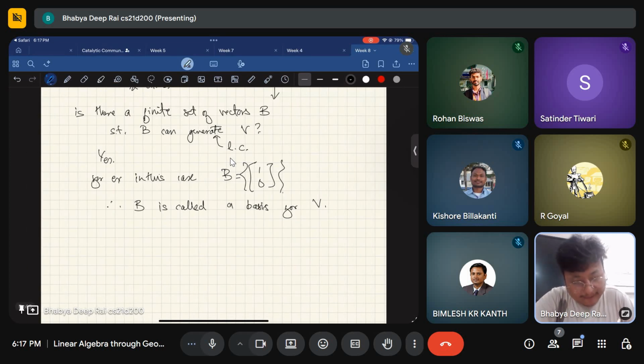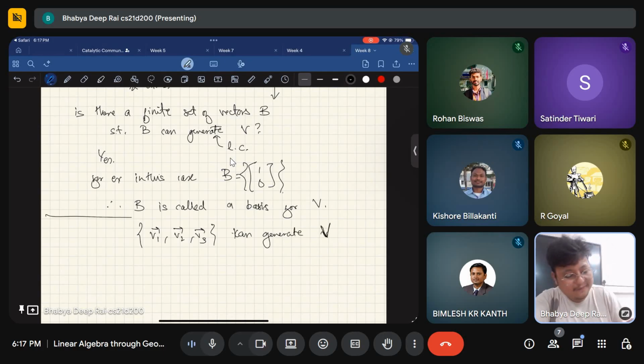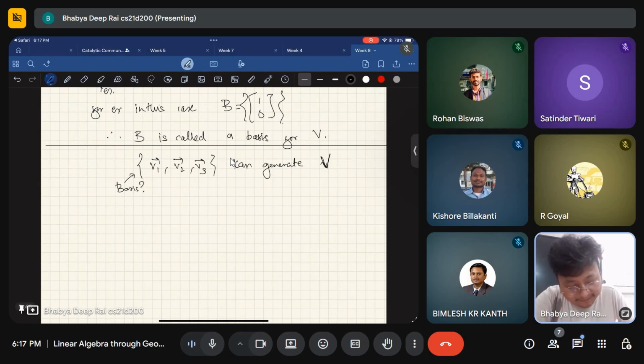Well, if I give you a set of vectors v1, v2, v3, and say that this can generate the vector space capital V, so does this form a basis? Is this minimum?